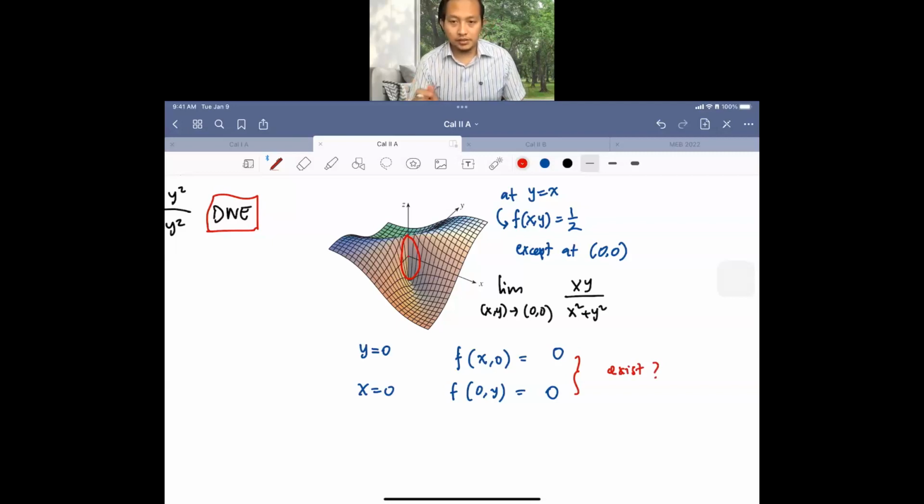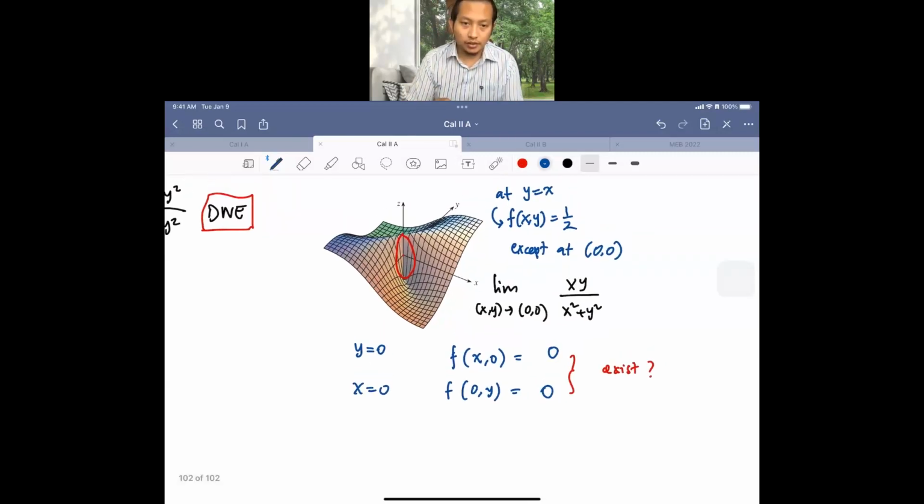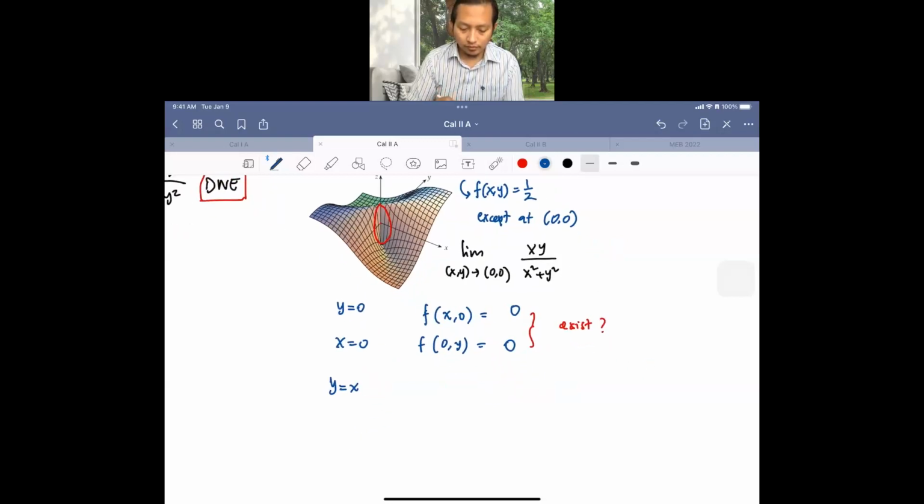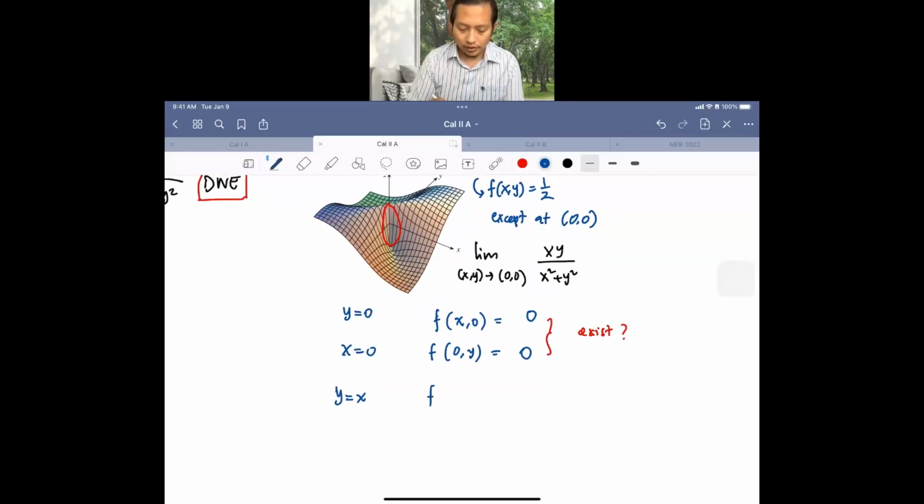Now my suggestion is there is another equation that we can take, y equal x, that we can approach also. So we have y squared and then 2y squared, so it's half.